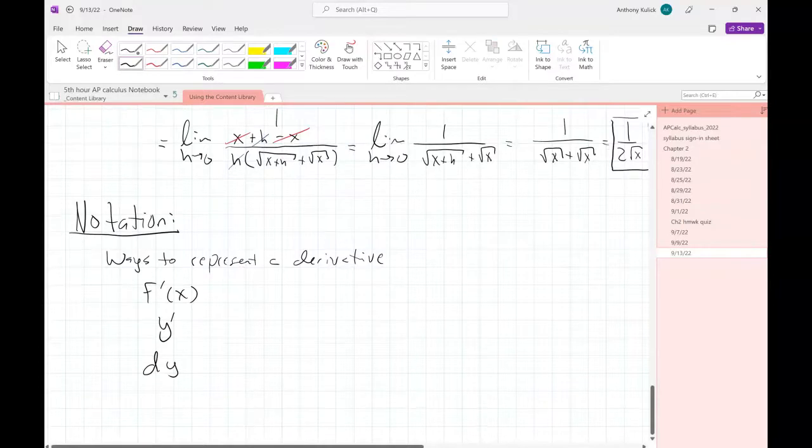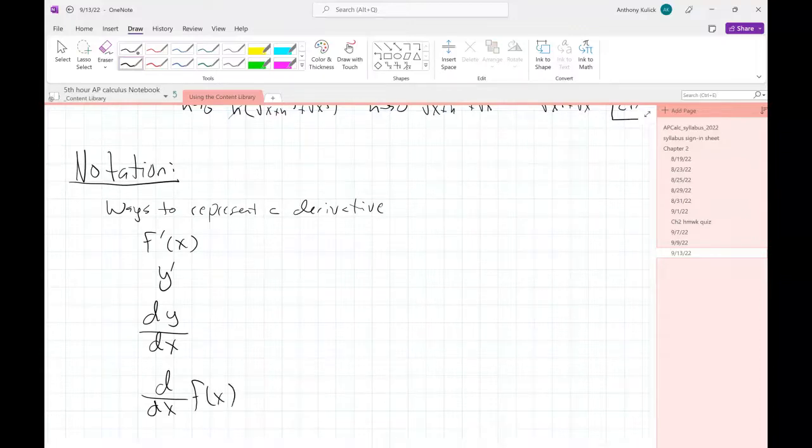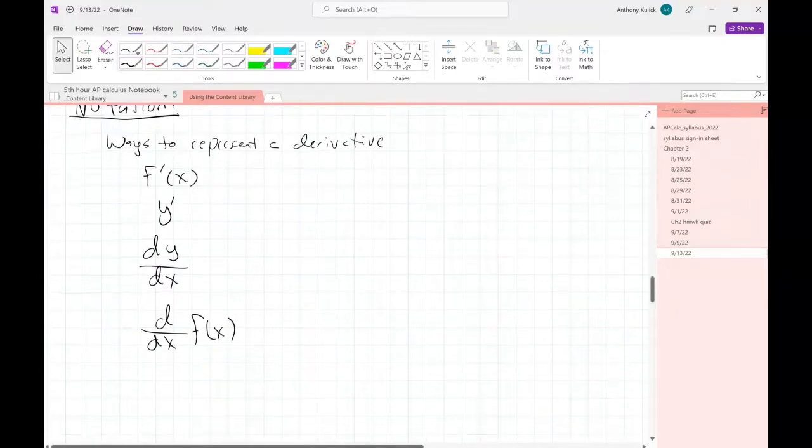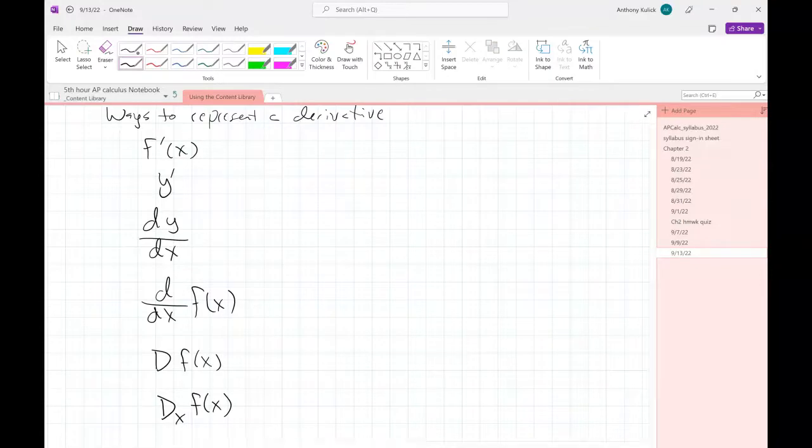You could write it as dy over dx. You could write it as d over dx of f of x. You could write it as capital D of f of x. Or if you want to be really specific, you could write it as d with a subscript of x of f of x. These are all notations that at one point or another you'll probably see.